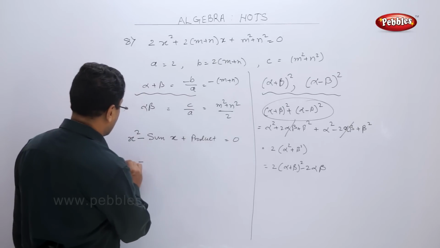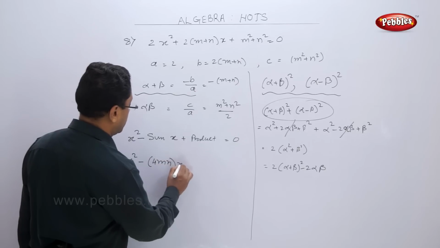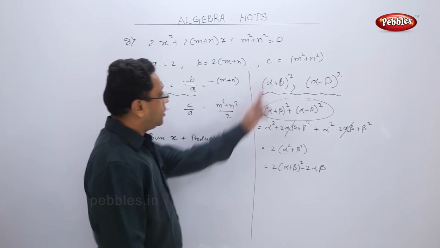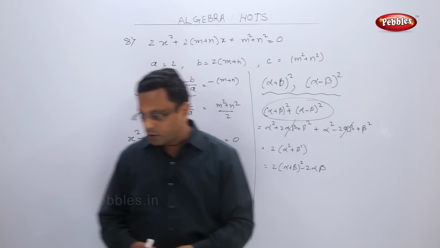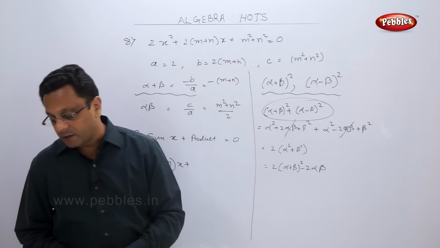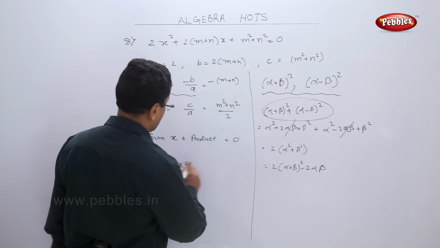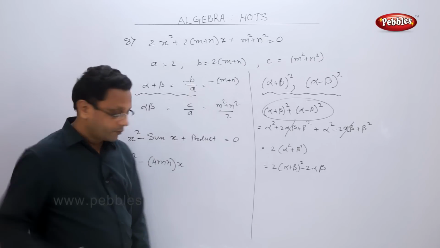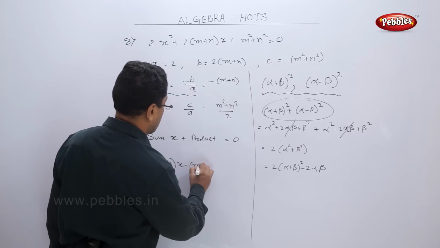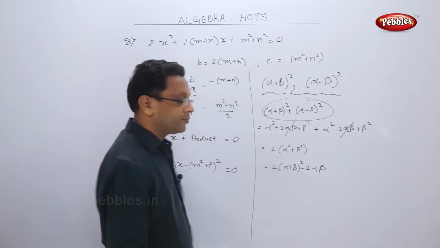So here you have x square 4mn into x, and plus if you multiply alpha into beta, the product you will get is minus, instead of plus, here you will get minus m square minus n square square equal to 0.